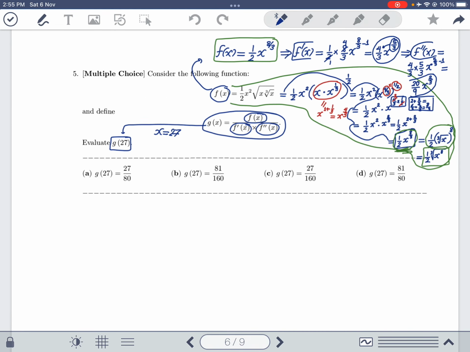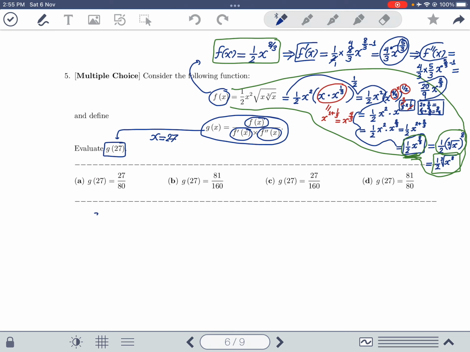Let me now write them again. F of x equals, you remember, 1/2 x to the 8/3. Then f prime of x we got to be 4/3 x to the power 5/3.